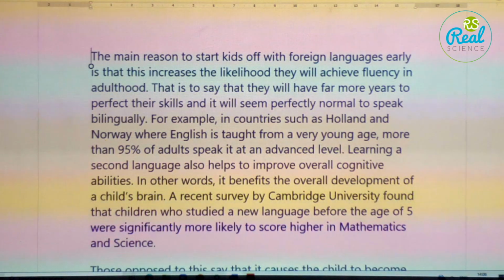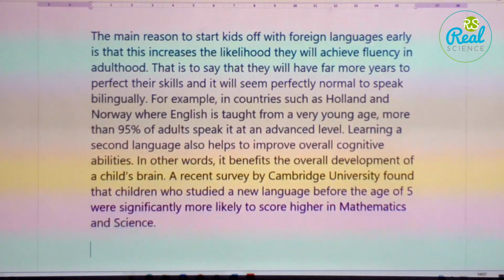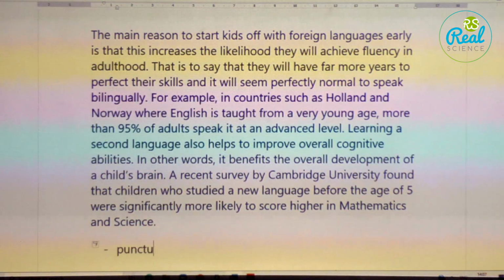And I couldn't really understand it without the punctuation. It's kind of hard to read. Students, when you look at a paragraph and you see that there is a mistake in the punctuation, you have to reread the paragraph again and again in order to understand. For example, I didn't understand the beginning, the main reason to start kids off.